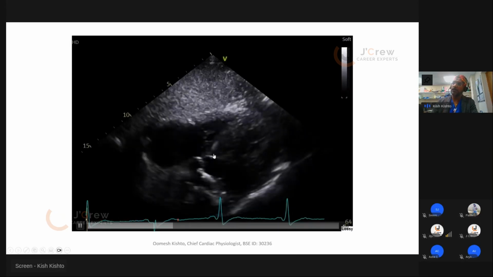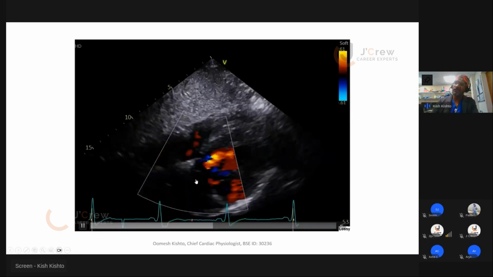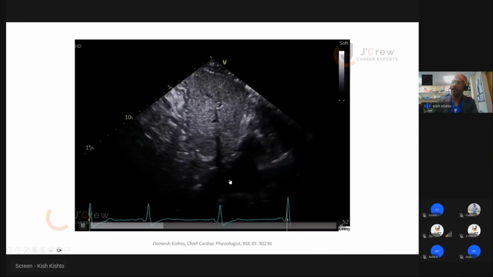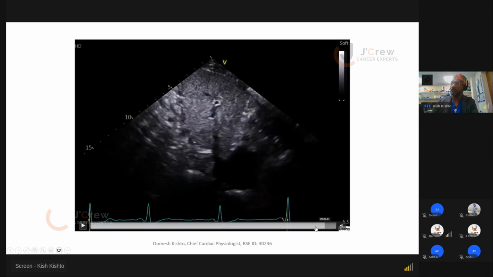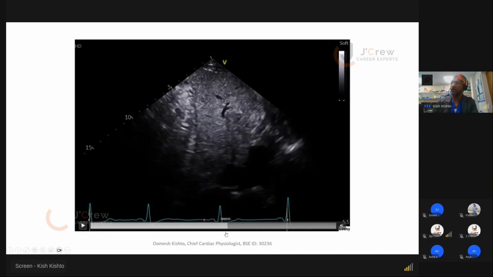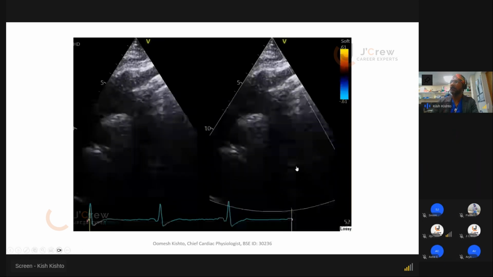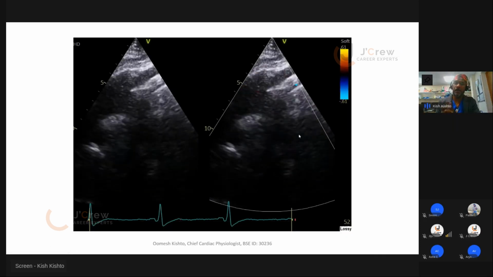And subcostal view, that's the liver, and just look again. Sometimes you can still put the color there, see if you can get any better. And then the IVC, as you can see, is collapsing nicely. So yeah, in inspiration, you can see it's collapsing nicely. Good. And then still look at your aortic arch. We know there's a bit of AR there and it's mild, nothing exciting, but again, just measure the dimension of your arch.